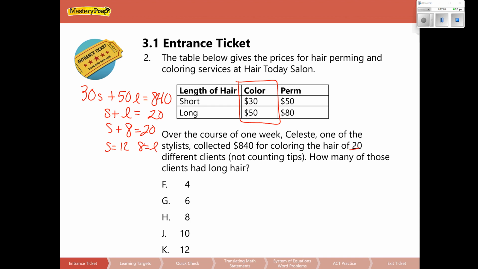We can check it in this equation up here. We could say 30 times 12 plus 50 times 8 and see what this gives us. Well, 30 times 12 is going to be 360. 8 times 50 is 400, which is 760. Is that what we wanted? Is that the price we wanted?